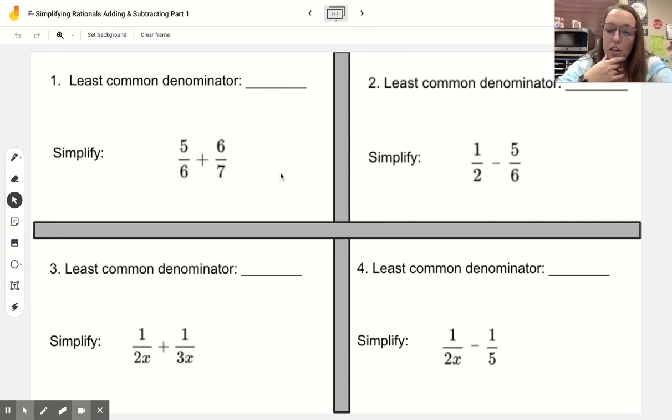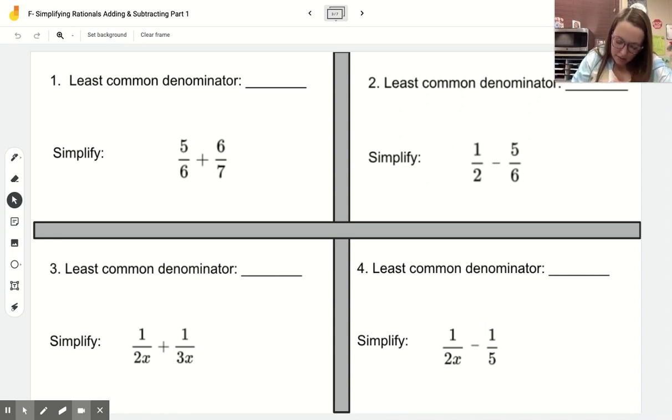So the first thing you want to do is figure out your least common denominator. You're going to be thinking about all the multiples of your denominators and come up with the lowest one. So 6 and 7. Let's see. The lowest number that I can think of that is divisible by both 6 and 7 is 42.